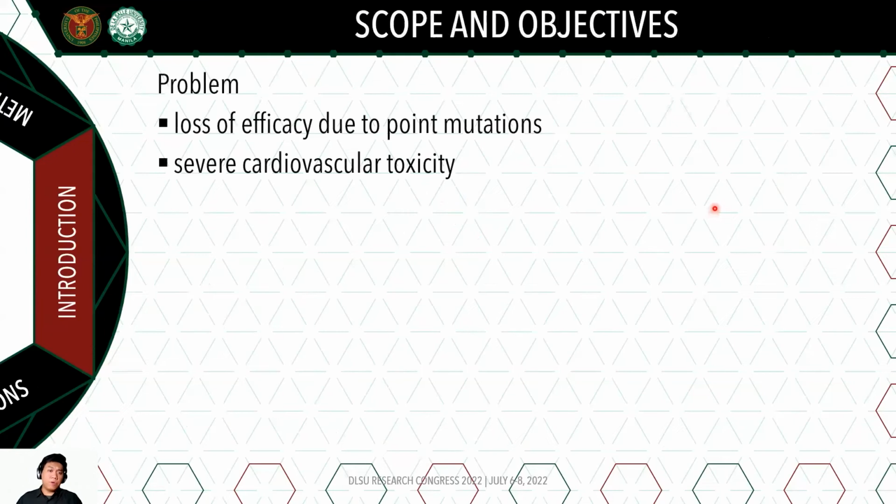Now, a problem with ponatinib is that in some cases, for compound point mutations, it also loses its efficacy. Also, there are reported severe cardiovascular toxicity cases that are related to ponatinib.